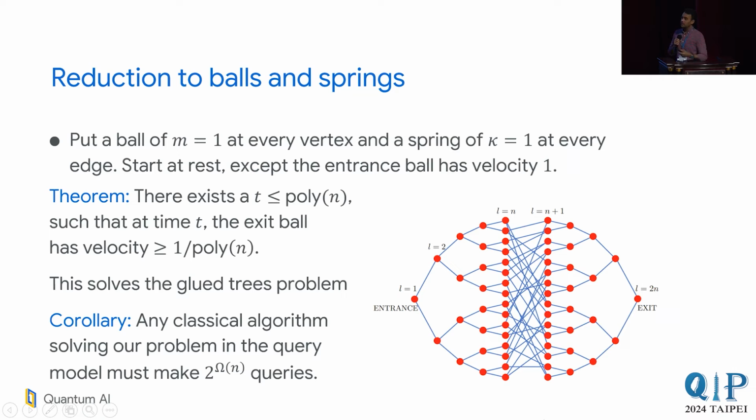And here, all I'm claiming is that even though there are 2 to the n balls, if you evolve for polynomial time, the energy actually gets roughly equally distributed between all the columns. There are only 2n columns, and each column has roughly the same amount of energy, which is 1 over 2n. And so the exit column, which has only one ball in it, gets energy roughly 1 over 2n. That's why it's a detectable amount of energy. If it was an exponentially small amount of energy, we wouldn't be able to detect it. But it turns out it's in fact inverse polynomial, and that's why the algorithm works. Okay.